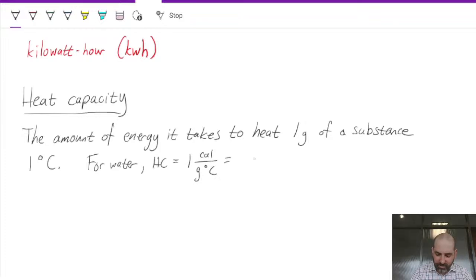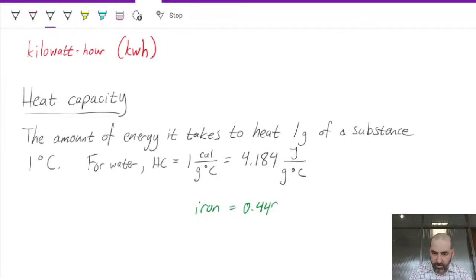The heat capacity for water is 4.184 joules per gram degree C. If we compare that to iron, the main component of steel, it is 0.449 joules per gram degree C. So a tiny fraction of that. What that means is it takes almost 10 times the amount of energy to heat water 1 degree than it does to heat iron.